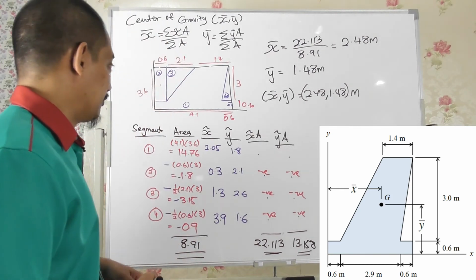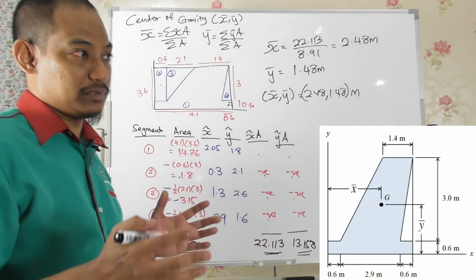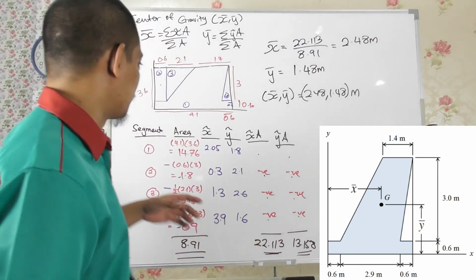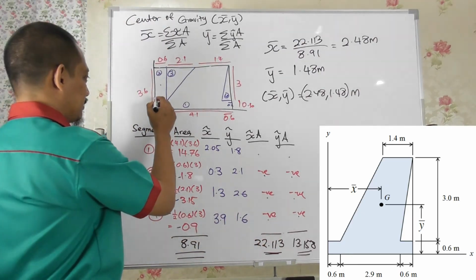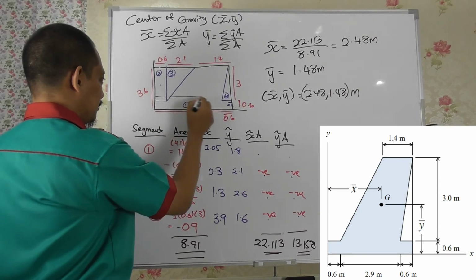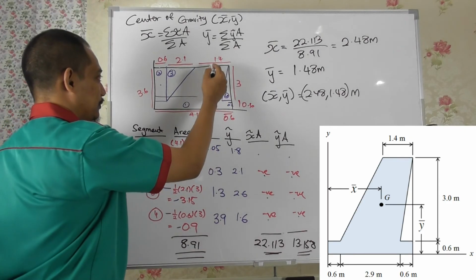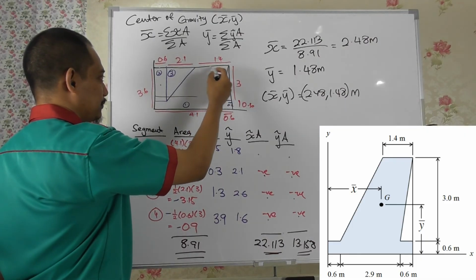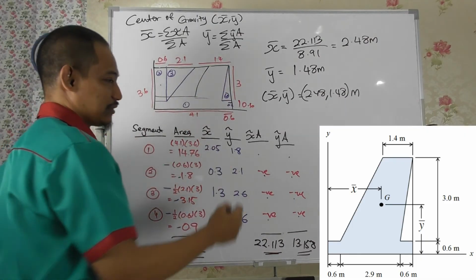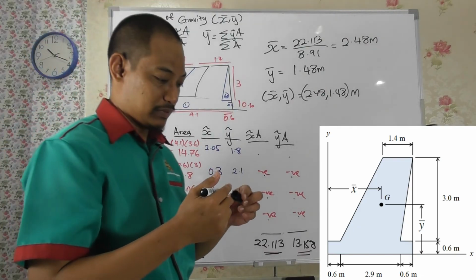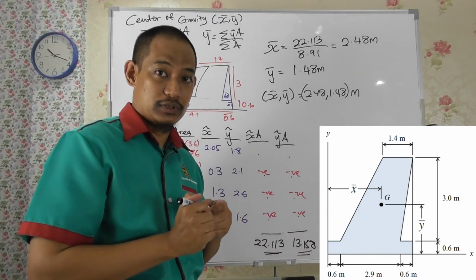So for example, if you change the shape, you make the base more thick. One way is you can redraw, for example the top side here, you make it thinner and then the bottom side becomes thicker, and that can lower the center of gravity.